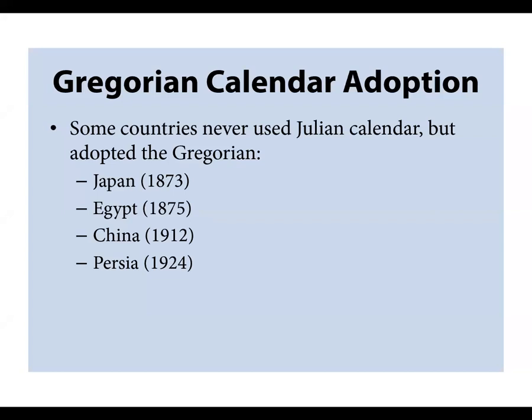The following countries, Japan, Egypt, China, and Persia, never actually used the Julian calendar, but they will eventually adopt the Gregorian calendar in the years you see in abbreviations, in large part because now they are starting to interact with the other countries, and all those other countries are using the Gregorian calendar.